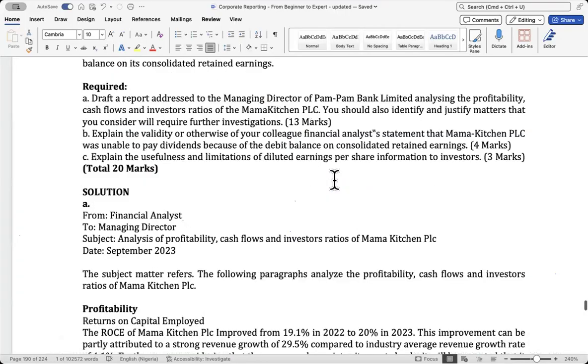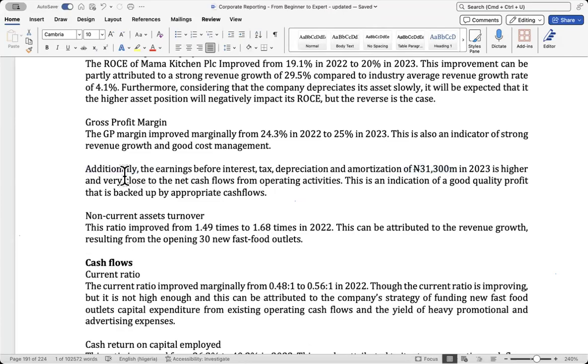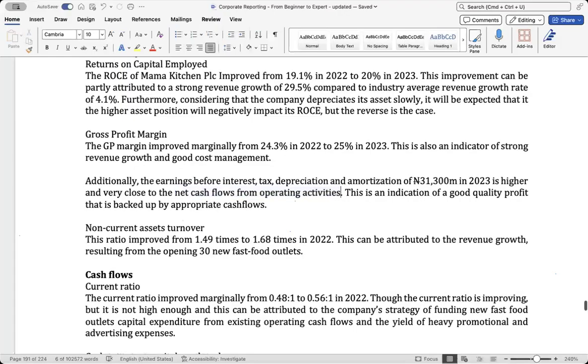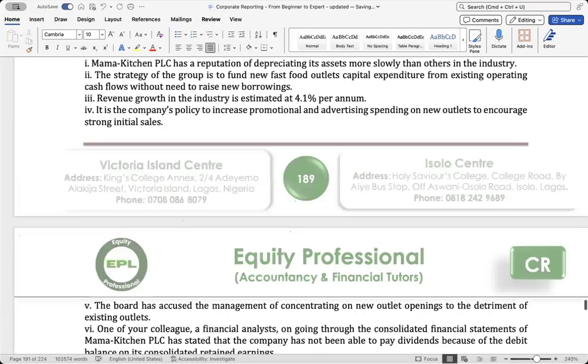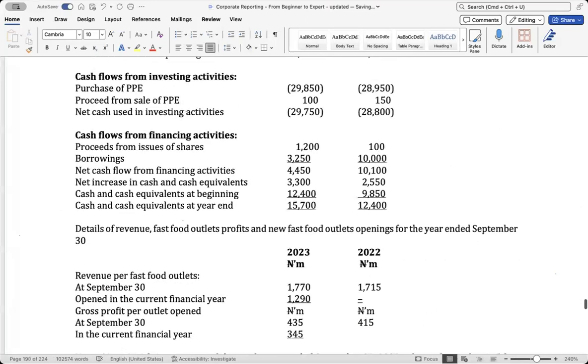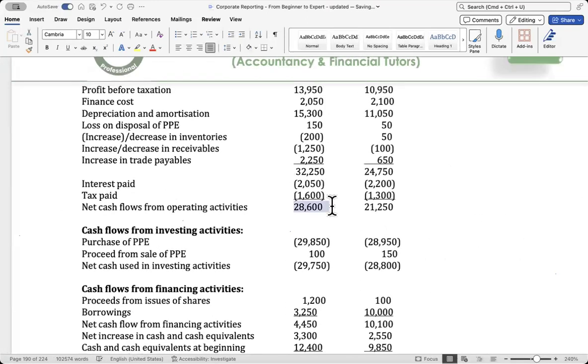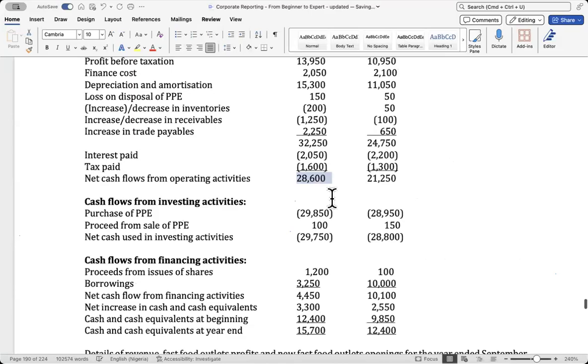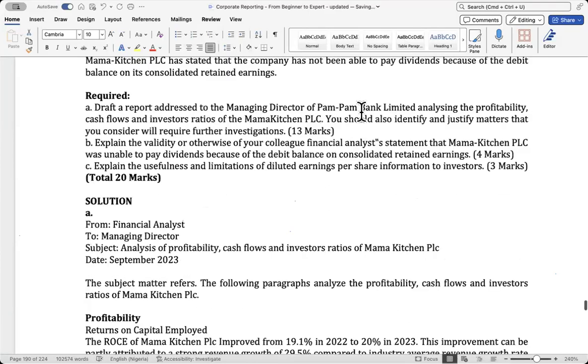Told them that amount is higher and very close to the net cash flows from operating activities. I even need to write the amount, how much was it? Net cash flows from operating activities, 28.6.